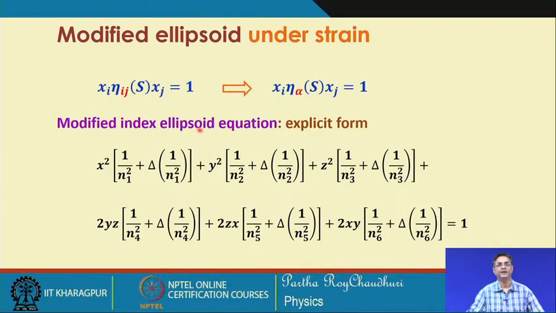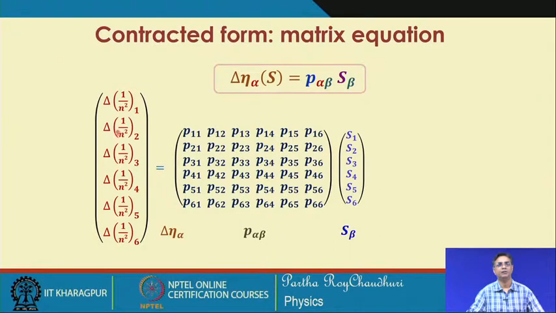So, the modified index ellipsoid equation in the explicit form now takes this form, because this we are well familiar with. This is the change in the impermeability, which is attached to this x square, similarly y square and z square, which will come from the diagonal elements of the impermeability, and these are the off diagonal elements, but there is no diagonal or off diagonal by now, because we have been able to put them into one column vector.